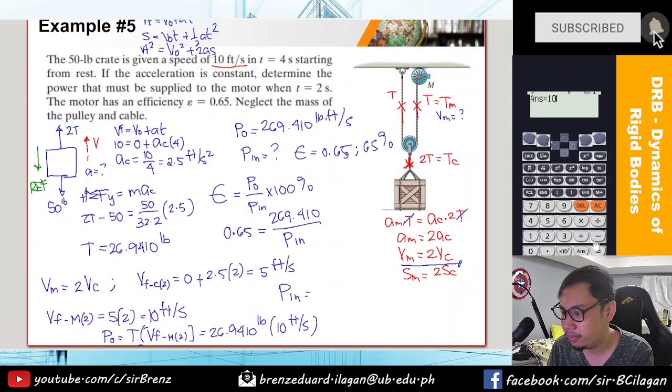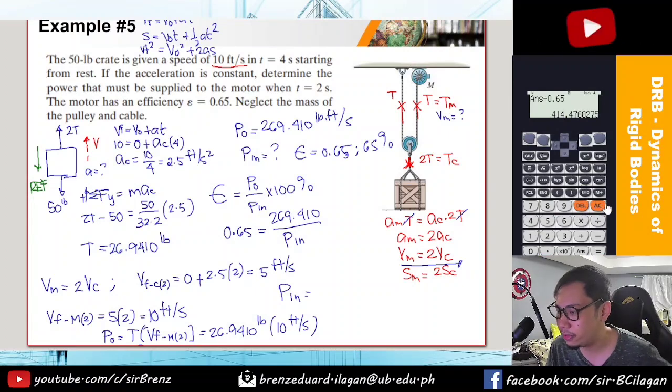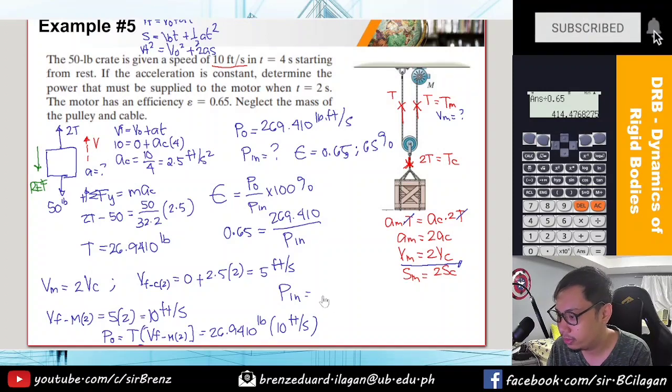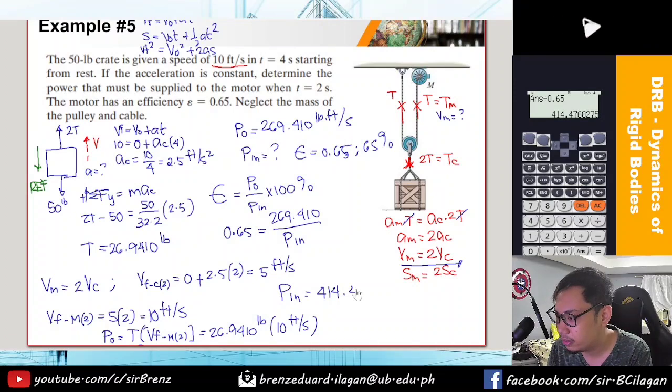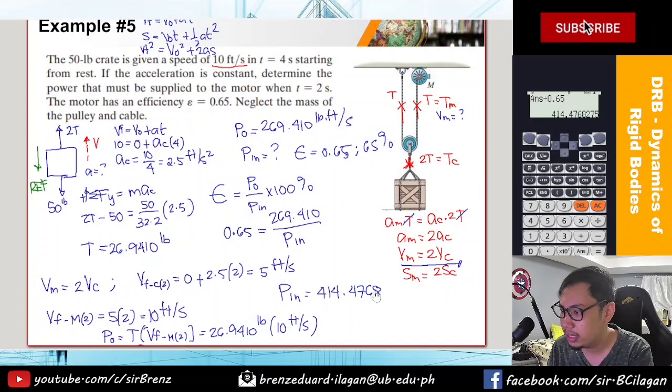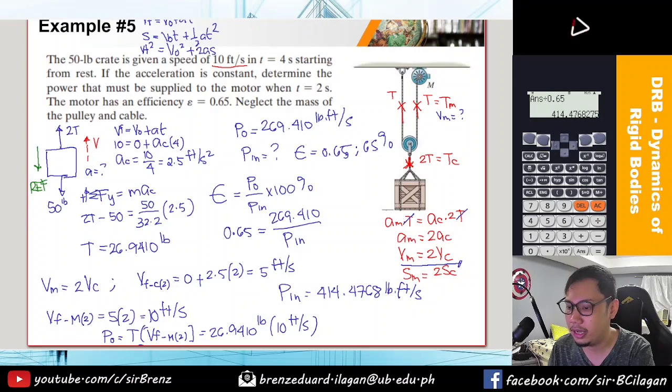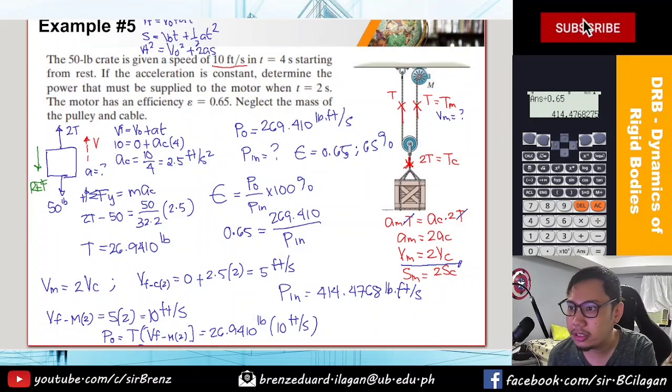So, times 10, and then divided by 0.65. So the answer is 414.4768 pound feet per second. Okay, so if you are required to have the answer in horsepower, by what do you divide it?